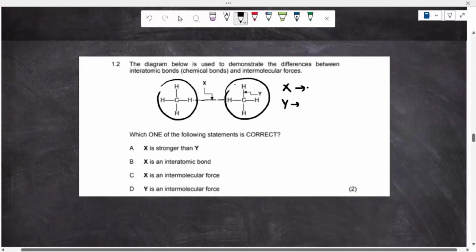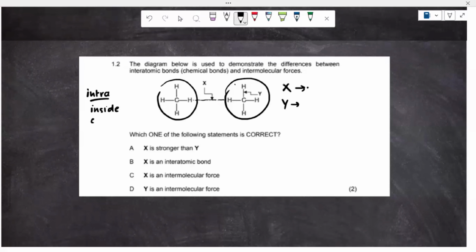Sorry, let me get the name. Tabang, you said that this one is intramolecular, but remember I said intra means inside. So inside the compound or inside the molecule.